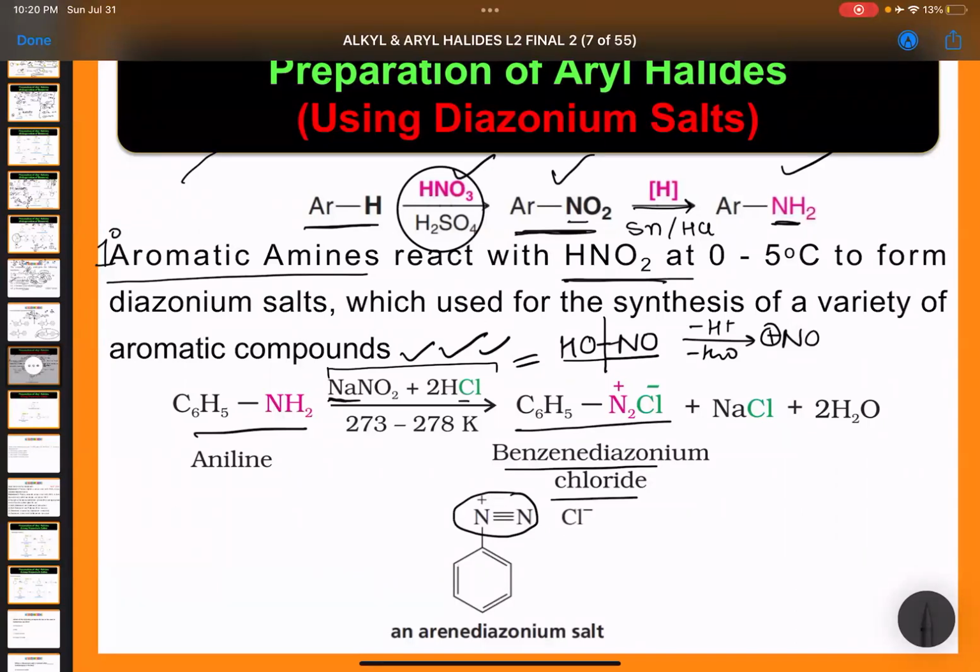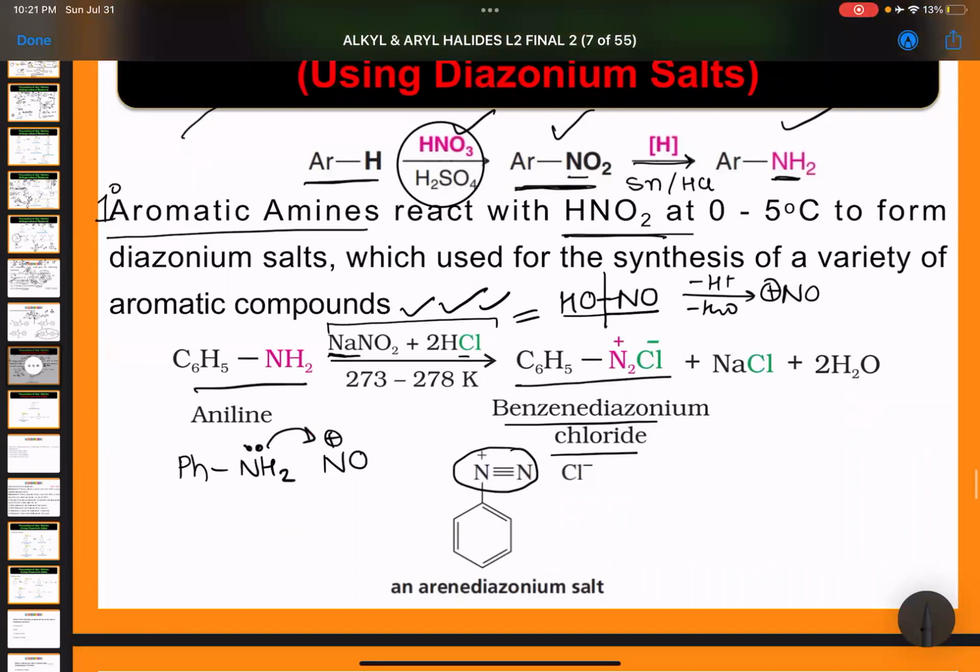NO plus will now have a lone pair of nitrogen, which is outside the benzene ring, which can react with it, and water will get removed. So this is how you get the diazonium.